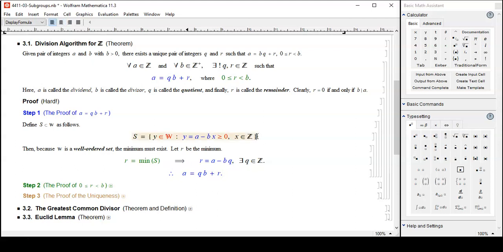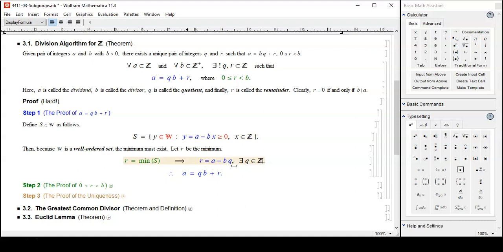We start from this mysterious set. That's the hard part. And does it make sense? Well, we went through that. By selecting x sufficiently negative, we can make y equals a minus bx greater than or equal to 0. So yes, that's not an empty subset of W. There's a minimum, namely this r. Then r should be a member of this because it's a minimum. Minimum belongs to this, remember?